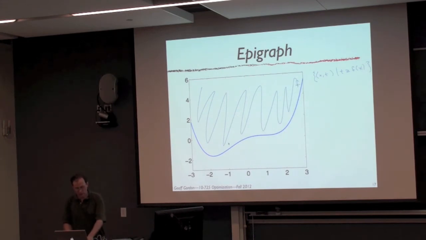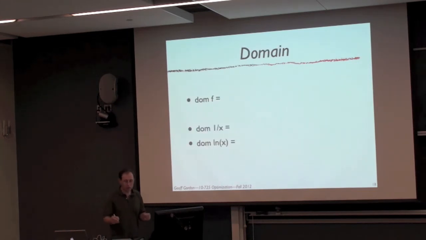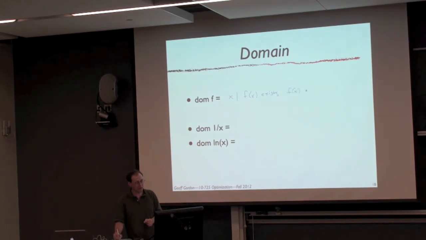What is the epigraph good for? Well, actually, one thing first. The domain of a function is defined to be all points x such that f of x exists, and also f of x is finite, strictly less than infinity.